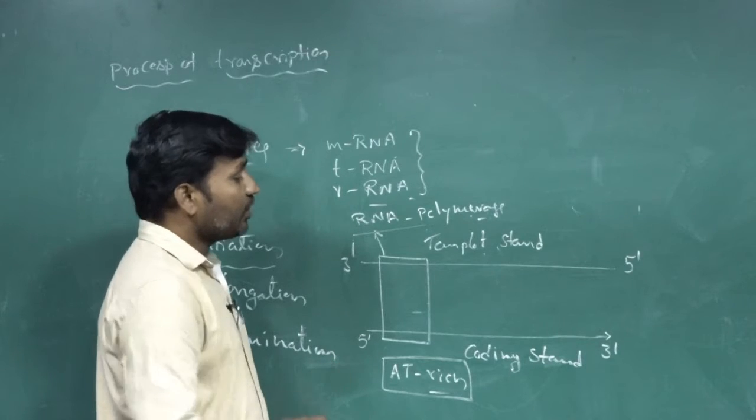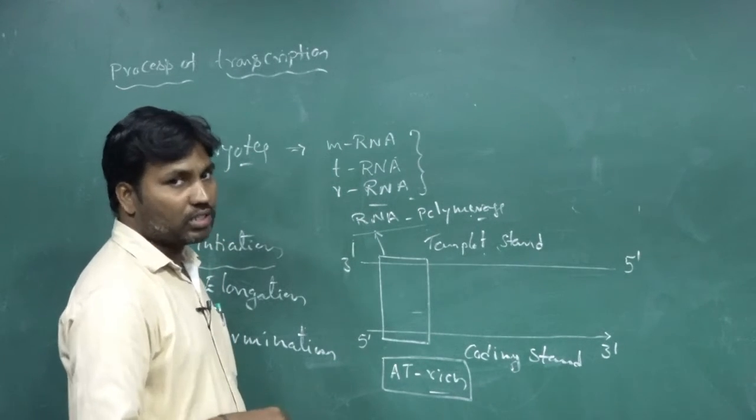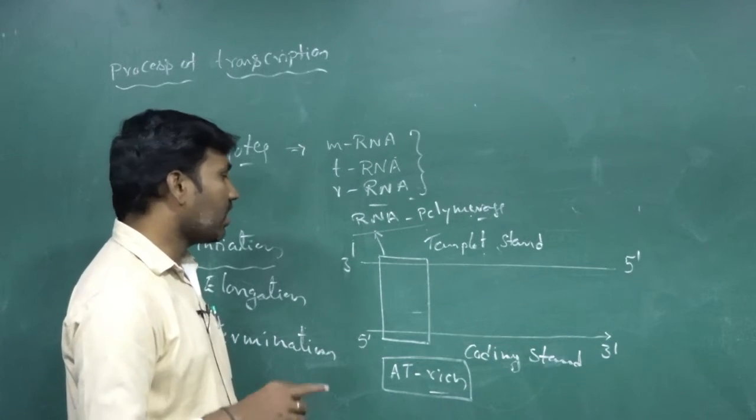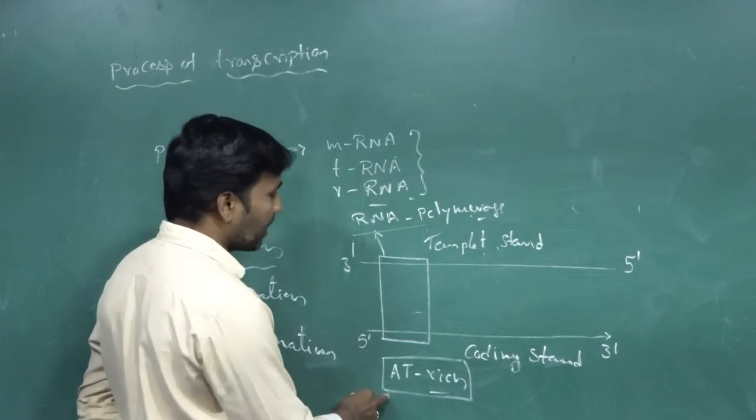In case of the eukaryote, this specific sequence is called a TATA box, Pribnow box or the Hogness box.